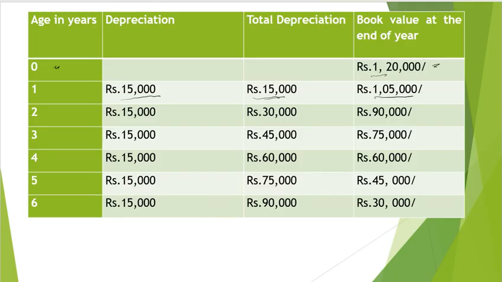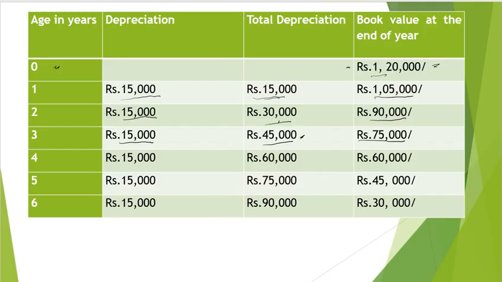In the next year again, a depreciation of 15,000 will be applied. So total depreciation will be 15 plus 15, 30,000. So value will be 1,20,000 minus 30,000, it is 90,000. Again, at the end of the third year, a depreciation of 15,000 will be applied. Total depreciation will be 45,000. So 1,20,000 minus 45,000, it will be 75,000.